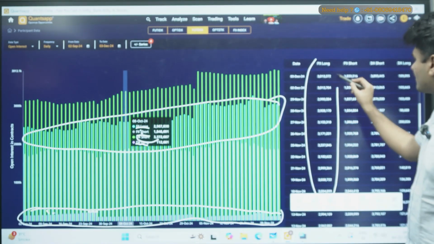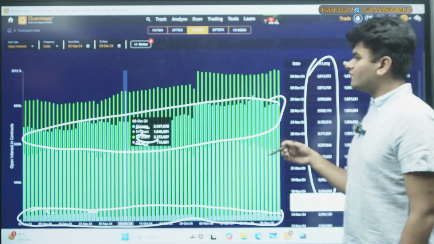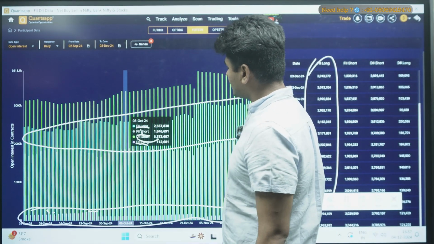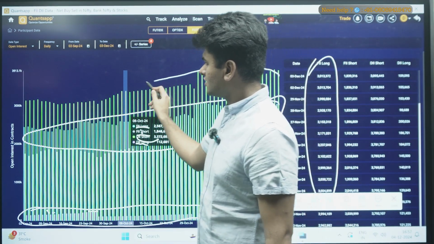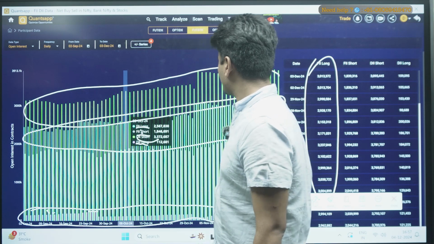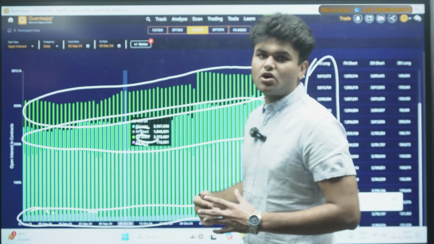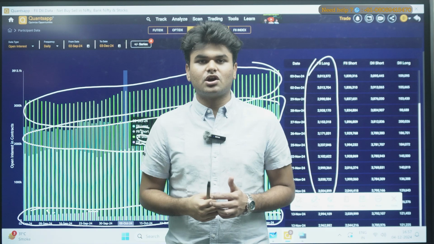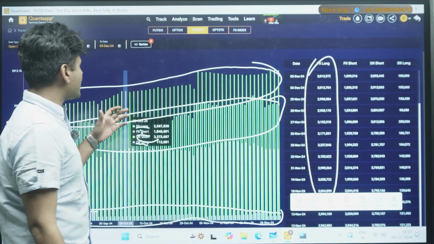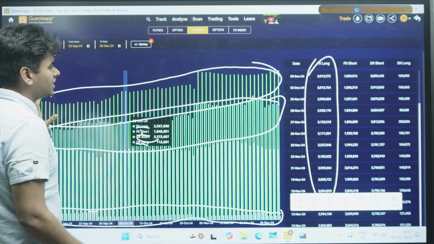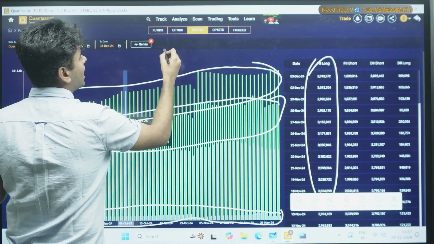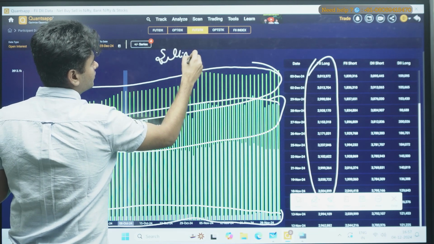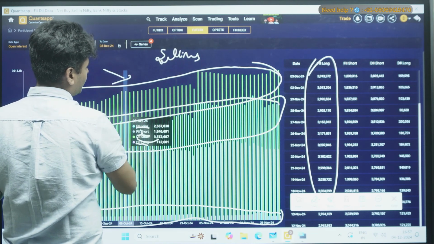So FIIs are buying a lot, but with that DII is shorting overall in the stock. Whenever we see the stock prices going down, you can see the DIIs, the domestic Indian institutions, are selling, okay. That is why we have seen a downward momentum in the stocks.